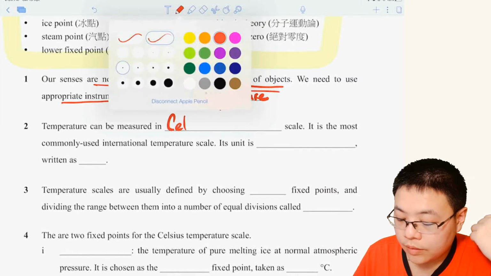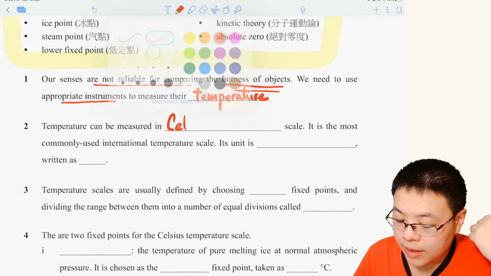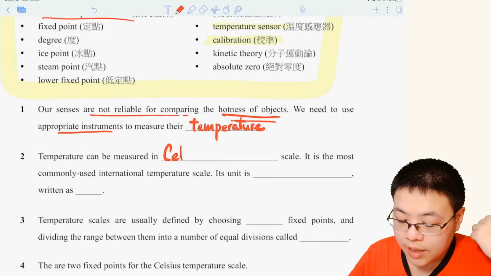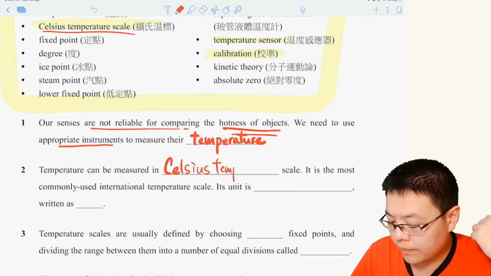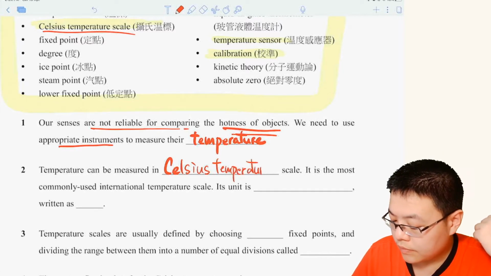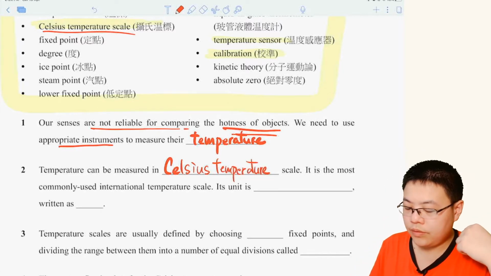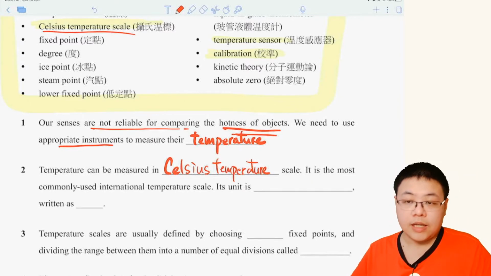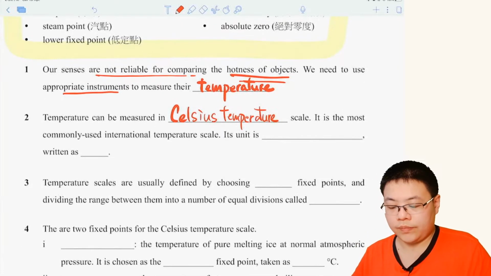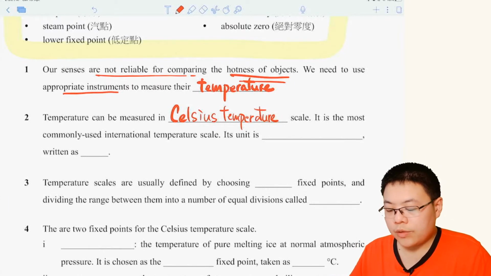Capital letter. Okay, I think the pen is too thick. Celsius, S-I-U-S, temperature scale. 2 words. Okay. It is the most commonly used international temperature scale.